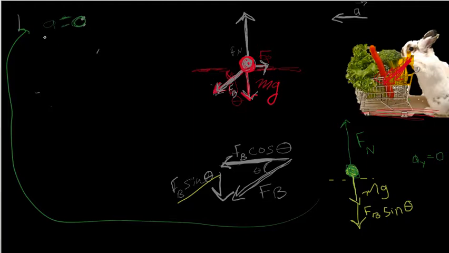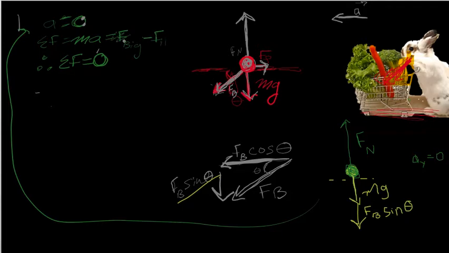And I'm also going to write net force equals mass times acceleration, therefore net force equals 0. You know your net force also equals your big force, or the force that causes the acceleration, minus your little force.